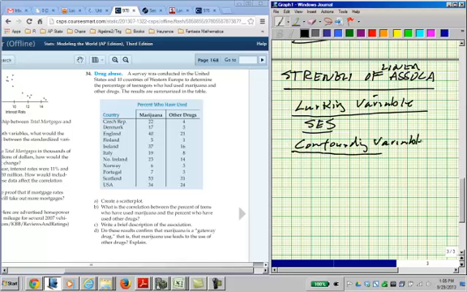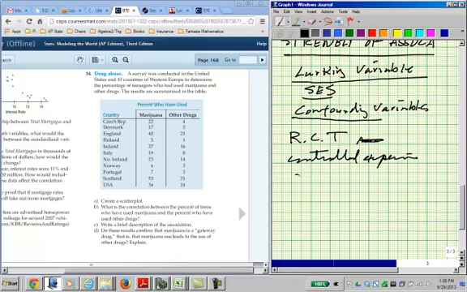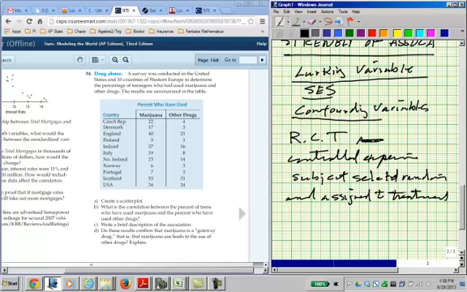Now, how do you factor out confounding and lurking variables? By random controlled trials, by a controlled experiment. Subjects selected randomly and assigned to treatments randomly.